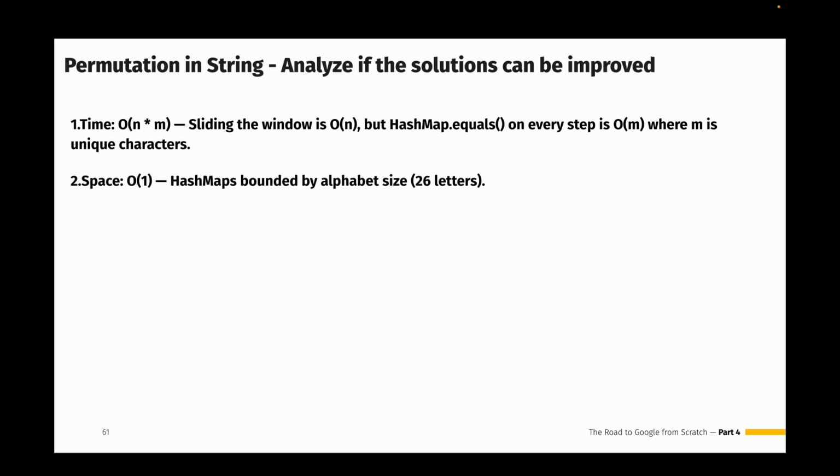Now let's check space complexity. Space complexity is considered O(1) because the hash maps are bounded by the alphabet size of 26, so it doesn't depend on input data. It's static, so we consider the space complexity to be 1.